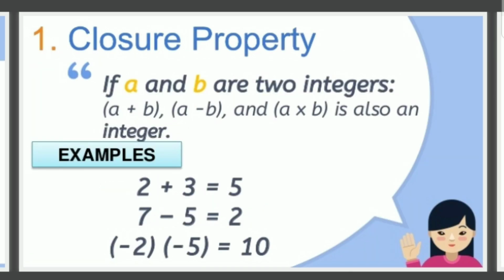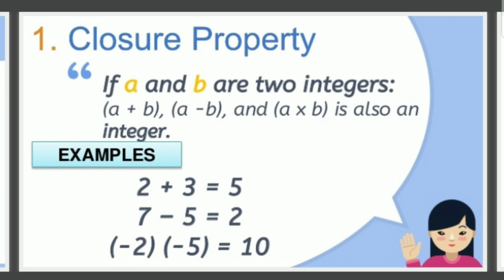If a and b are 2 integers, then a plus b, adding those 2 numbers, the resultant is also an integer. a minus b, subtraction of those 2 numbers, the resultant is also an integer. Multiplying the 2 given numbers, the resultant is also an integer. Let me take examples. 2 is an integer, 3 is an integer, 2 plus 3 is 5. 7 is an integer, 5 is an integer, 7 minus 5, both are integers.